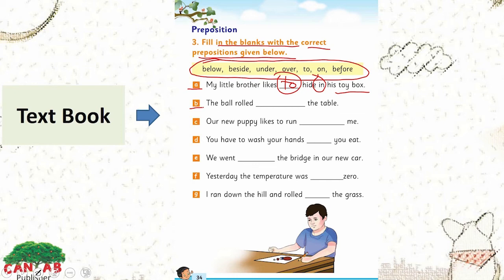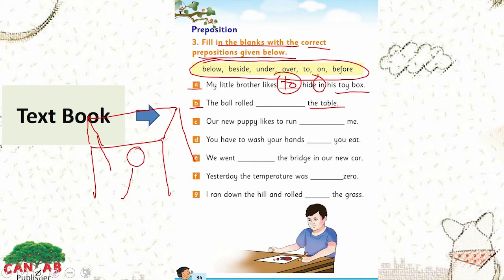The ball rolled under the table. जब टेबल आ जाएगा आपका तो क्या आ जाएगा? Yes, it would be what? The ball here. You can see. तो ये क्या हो जाएगा? Under the table. See, our new puppy likes to run beside me.